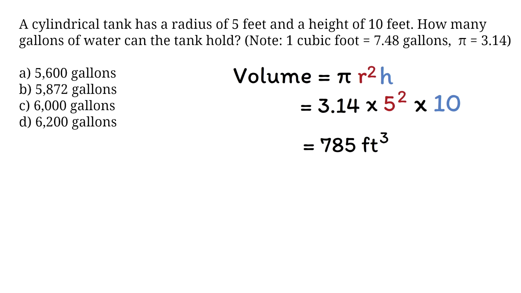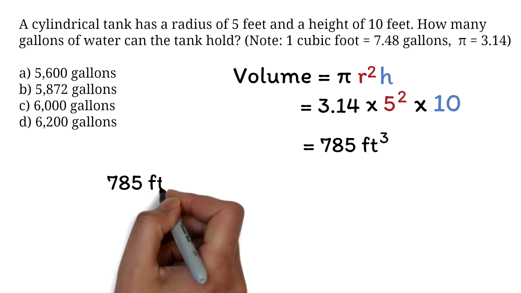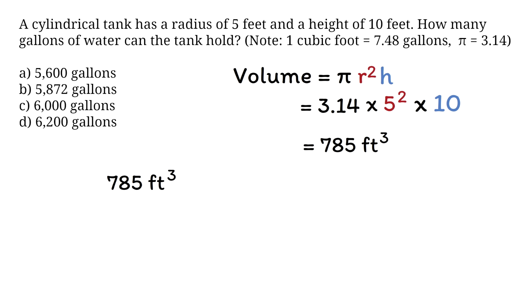We can see that our answer choices are not in cubic feet, so we have to convert it to gallons. Converting units is one of the most important things on the GED math. Let's set it up. We write the value we want to convert, in this case, the 785 cubic feet. Then we take the conversion factor. We want to write it in a way that the cubic feet will cancel out.